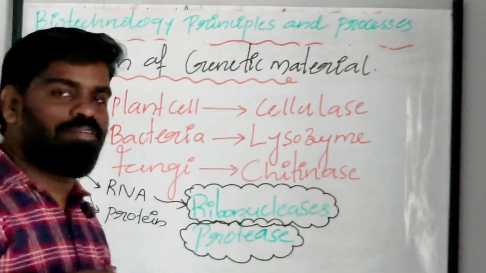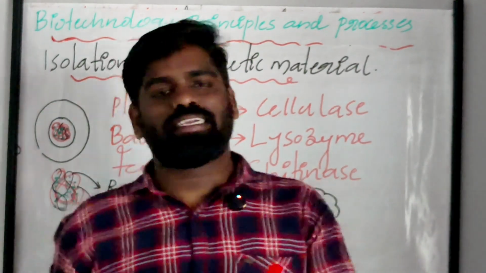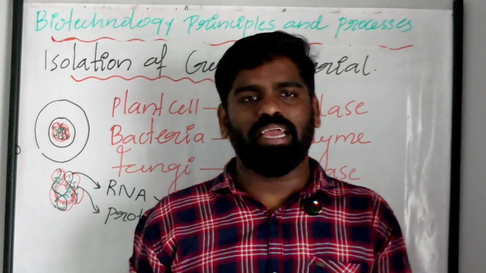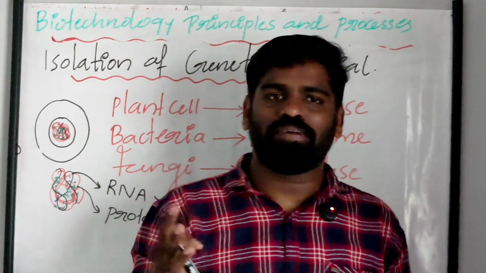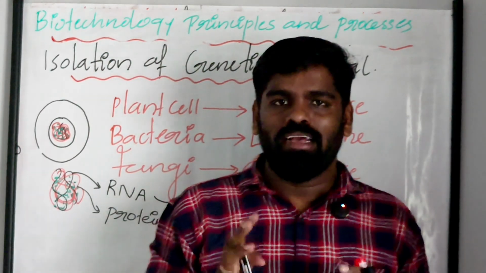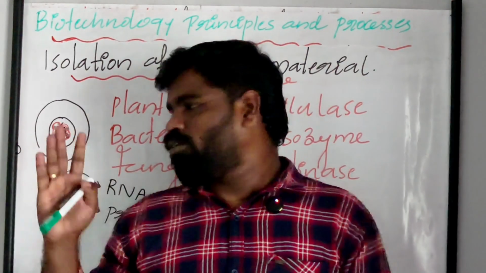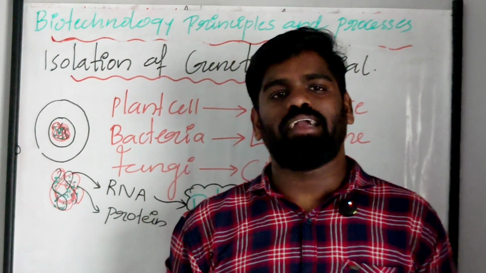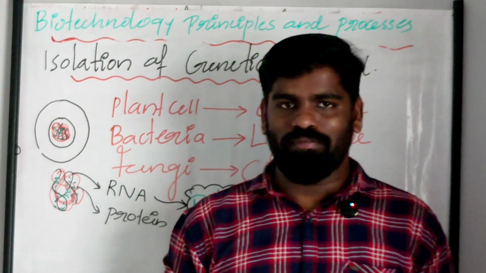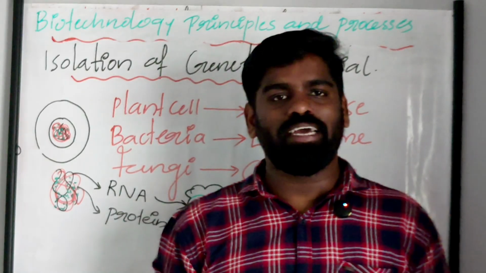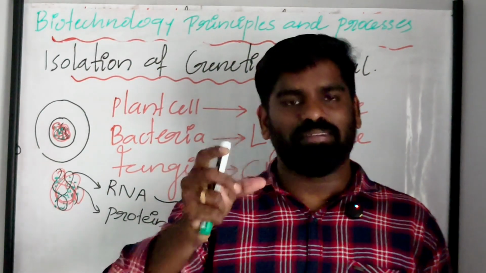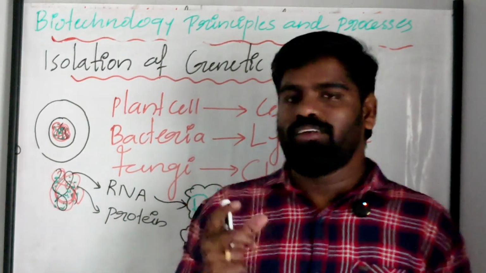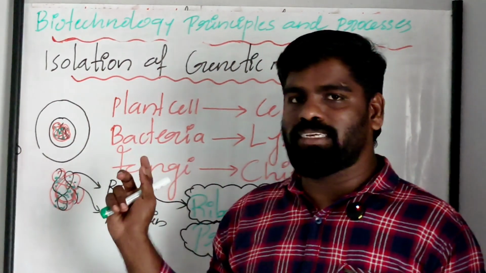If the DNA is connected with any other macromolecules, we have to use appropriate enzymes for separating it. After all these enzyme actions, we add chilled ethanol. When we add chilled ethanol, the DNA will be precipitated, and the precipitated DNA we can separate. So these are the major points in the first step.